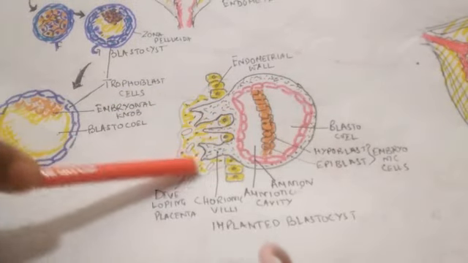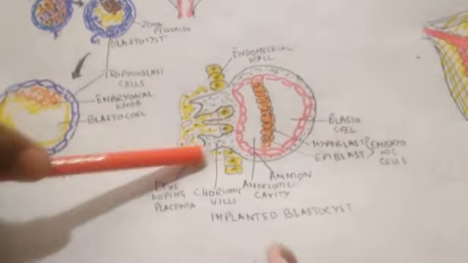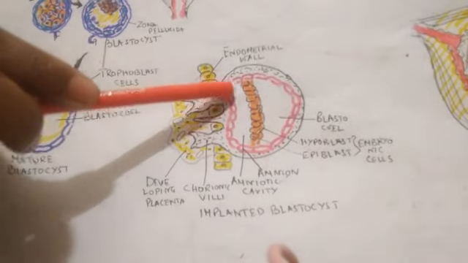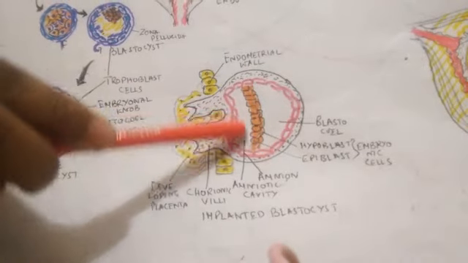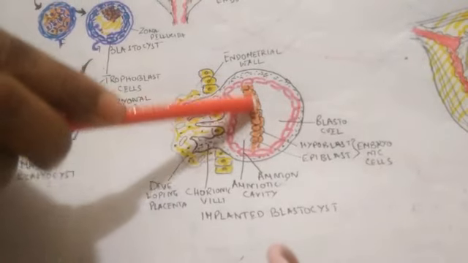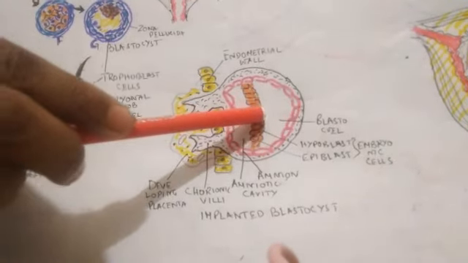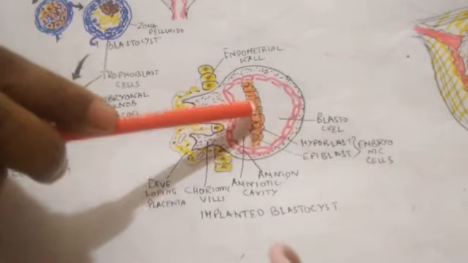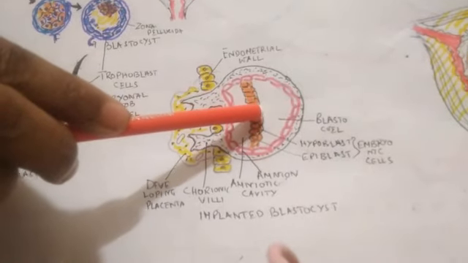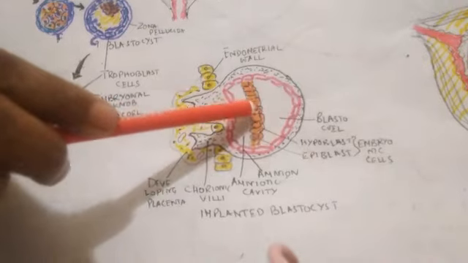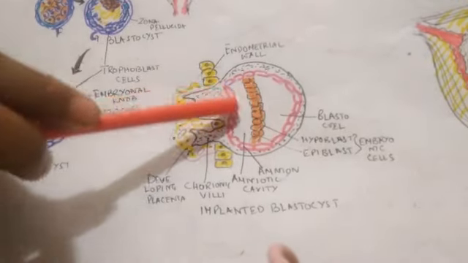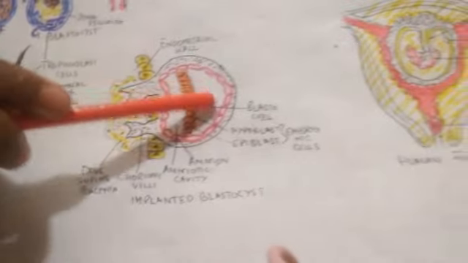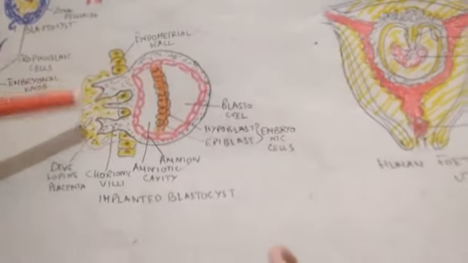Interdigitation of chorionic villi and endometrial wall forms the placenta, and the inner trophoendoderm forms the amnion. This is the amniotic fluid, and this is the inner cell mass forming epiblast and hypoblast. Epiblast is going to form the mesoderm and ectoderm, and hypoblast forms the endoderm. Clear? So this is about the placenta formation.